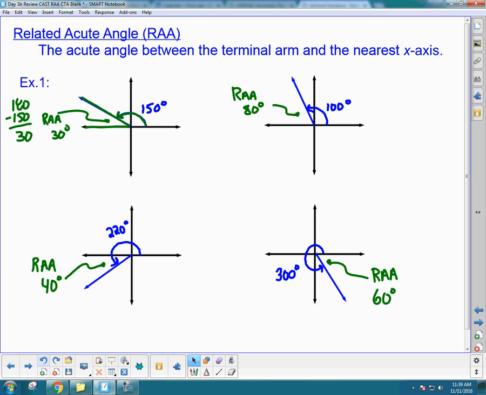For example, if you look up here, we had to take 180 minus our number to get 80 degrees, but that doesn't work all the time. This one, we had to take 360 minus our angle to get our answer of 60. So there's not one way of finding the related acute angle. You have to figure out what the situation is and understand how to find it as opposed to memorize it.